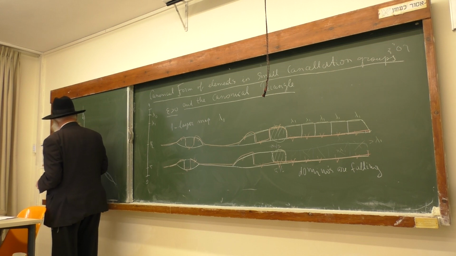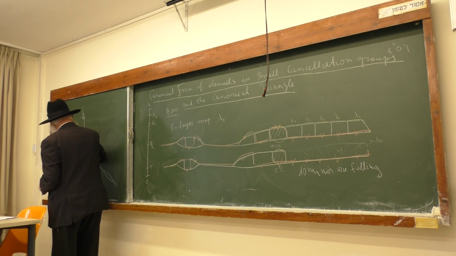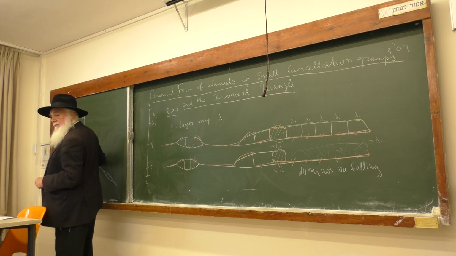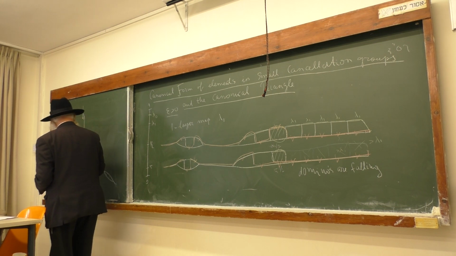Now, imagine that we have also here a similar domino situation. Because we don't include this, this is too long. I mean, this is precisely lambda 1, precisely lambda 1, precisely lambda 1, then the steps 1/2 and 1/2. So what will be here?